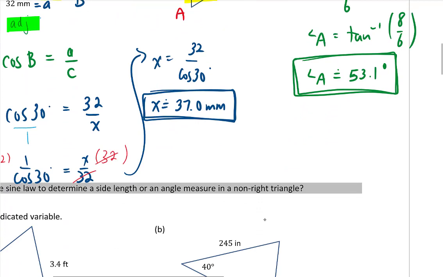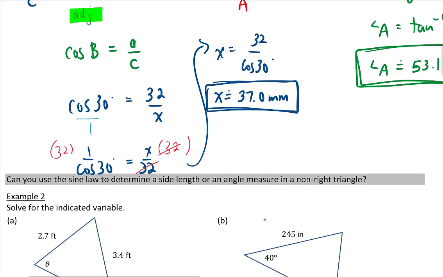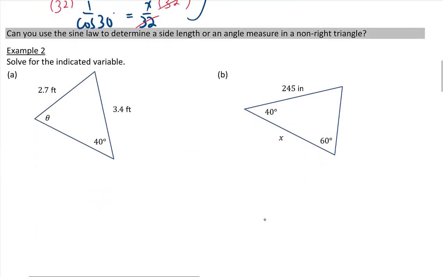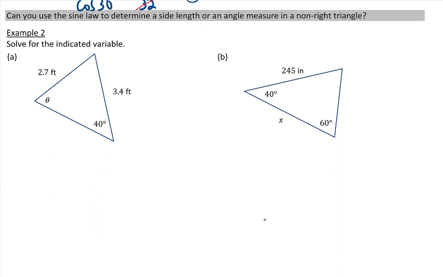All right. Second thing. Can we use the sine law to determine a side length or an angle measure in a non-right triangle? So going through our 3 steps, let's label this A, B, and C. Since we're looking for this angle here, theta, we're going to start with the sine law that has the angle in its numerator.